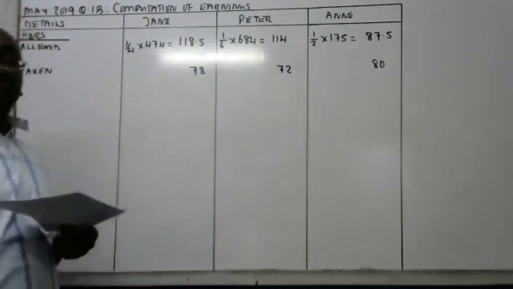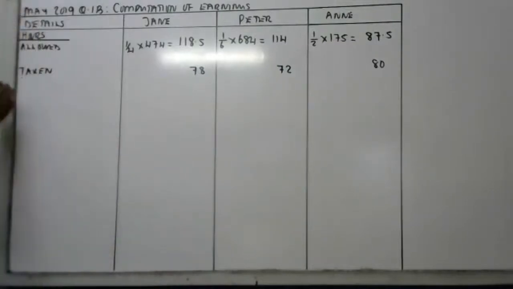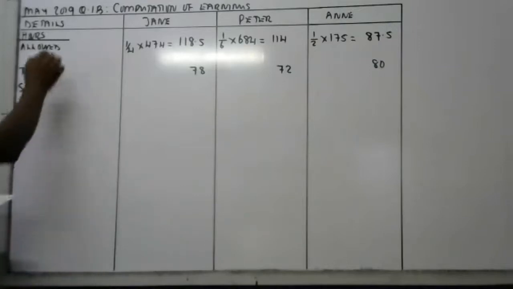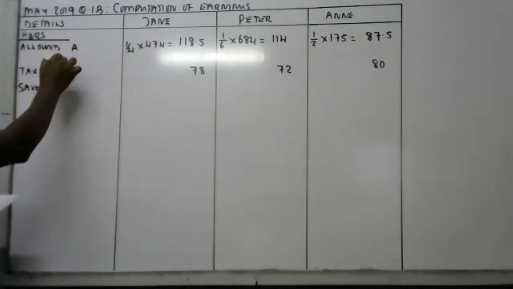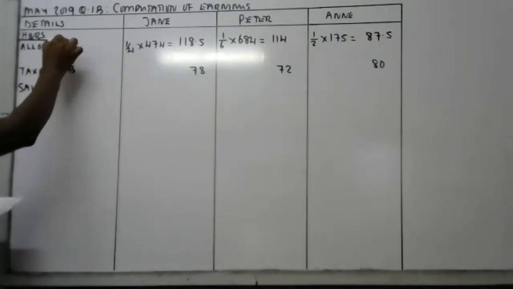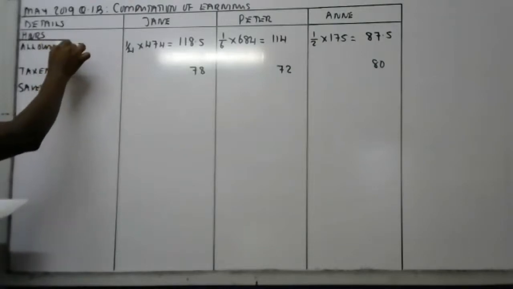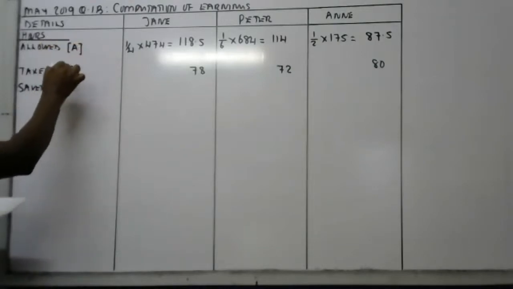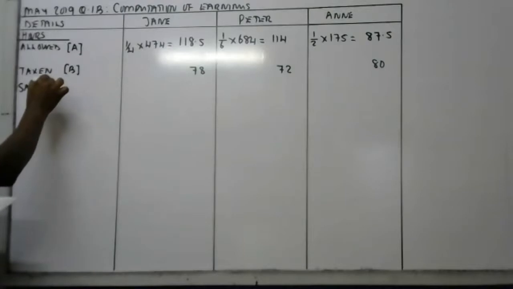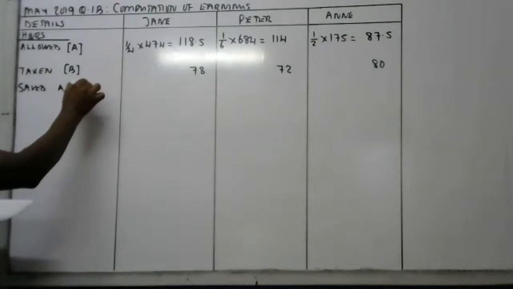Those ones are already provided. The next one is saved. If I call this one A and this one B, then saved will be A minus B, and you call it C.